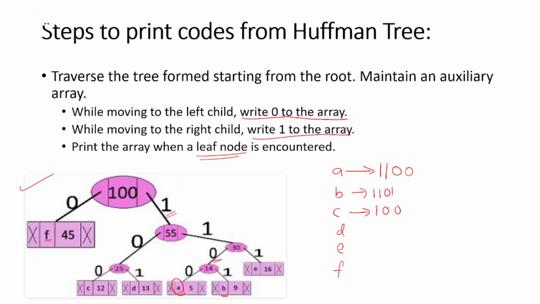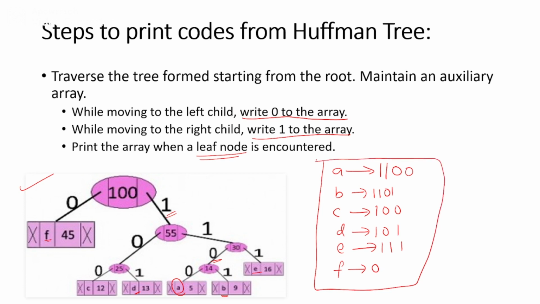And 1, 0, 1 is the encoded format for D. If you consider E, that is 1, 1, 1. What about F? It is just 0. So this is what we get from the Huffman tree: the encoded format for each and every character. That is nothing but Morse code.